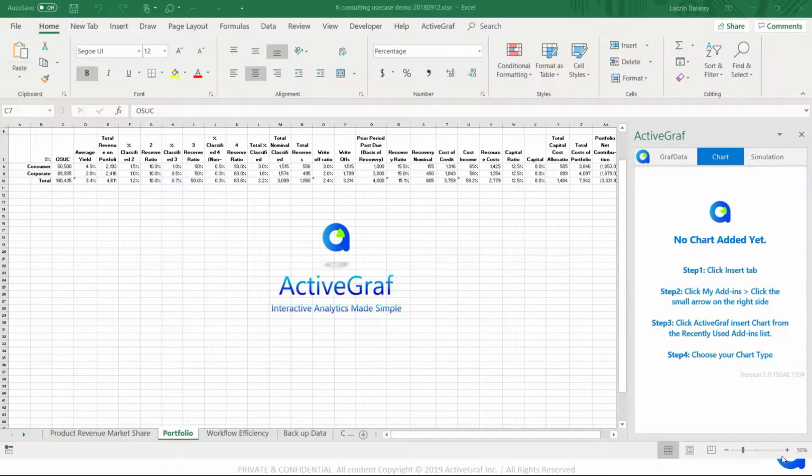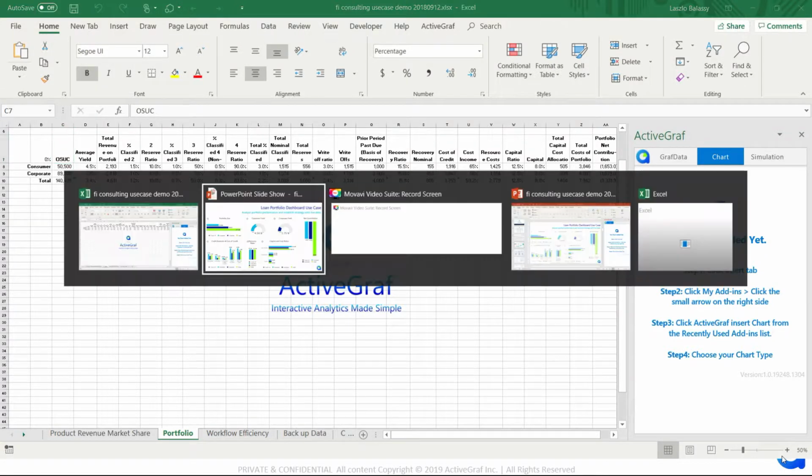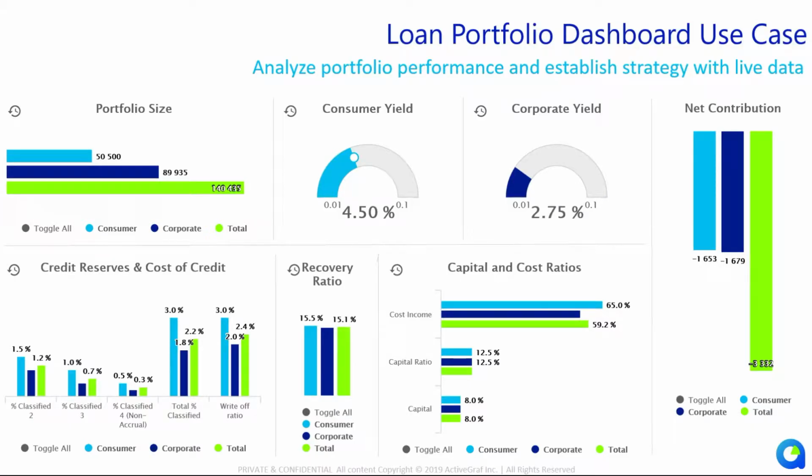And behind this, we see a spreadsheet which has all of the loan portfolio data, including the performance of the portfolio relating to yield, both in consumer and corporate. Let's just say that this is a universal bank that has consumer and corporate loans. And on the left, you'll see the cost of credit and reserves that has the classification buckets and the write-off ratio.